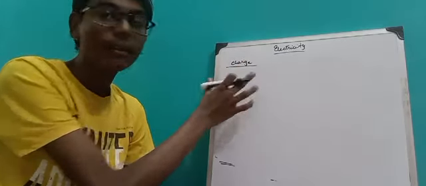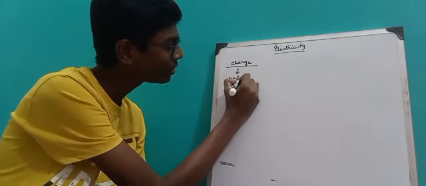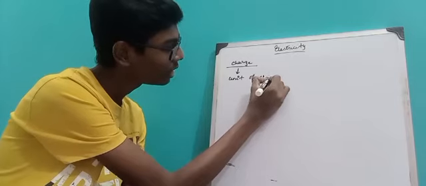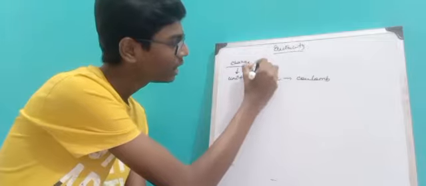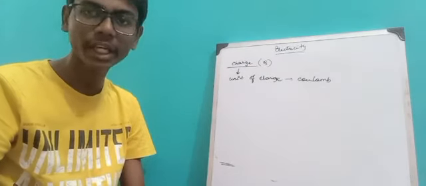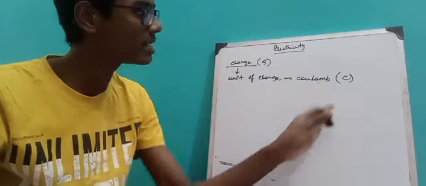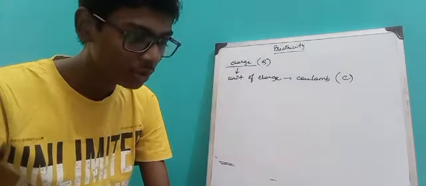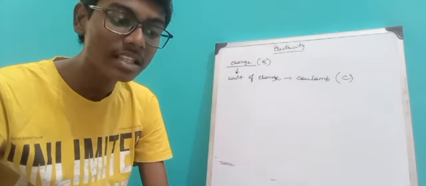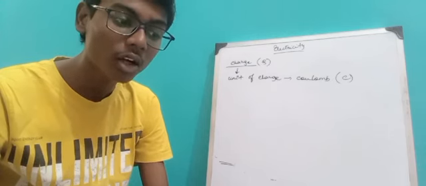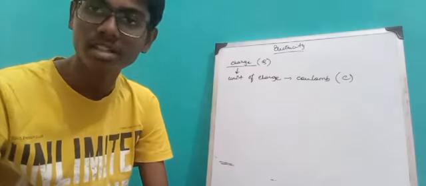When we are talking about charge, the first thing to keep in mind is the unit of charge. The unit of charge is the coulomb, represented by C. Charge is represented by Q. Current is the rate of flow of charge across a cross-sectional area normal to the direction of flow of current.